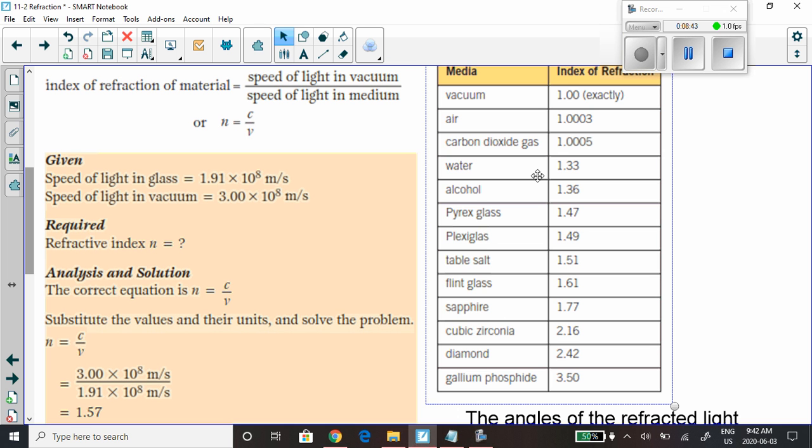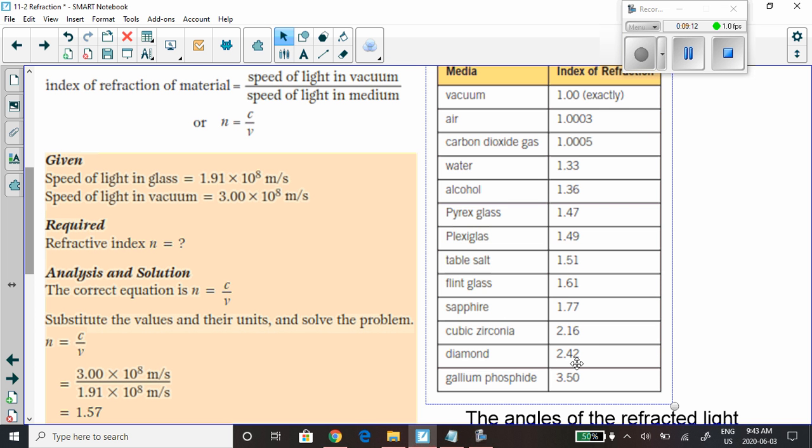When you get into something like glass, different types of glass, like plexiglass or flint glass, you're in the 1.5 area, where if you take the speed of light in a vacuum and divide it by the speed of light in the material you're investigating, the ratio, and there's no unit to it, right? The meters per second cancel out, is around 1.5, 1.6.